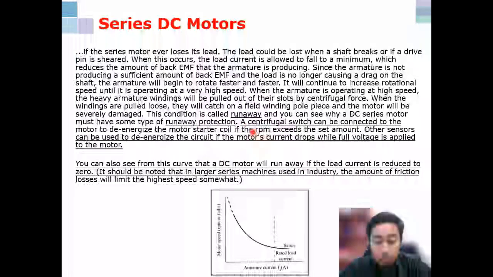When the windings are pulled loose, they will catch on the field winding pole piece, and the motor will be severely damaged. So this condition we call runaway. That is why a DC motor must have runaway protection. There are two types.